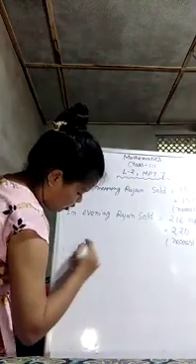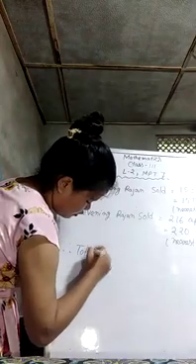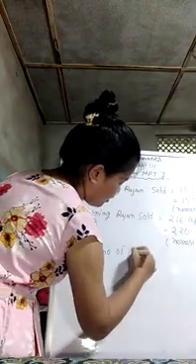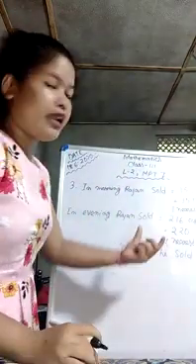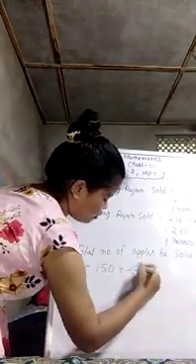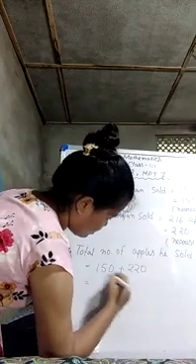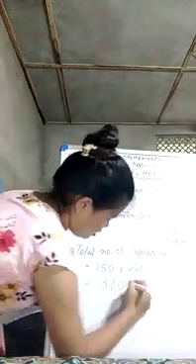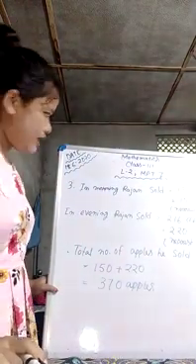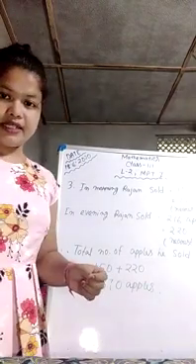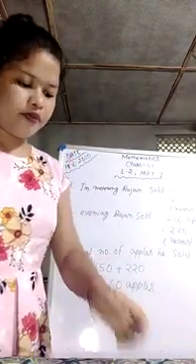Therefore total number of apples he sold, we have to add only the nearest tens number. Okay, so 150 plus 220, so the answer is 370 apples. Okay, so I will send a photo of this sum in your WhatsApp group. Okay, you can write from there.